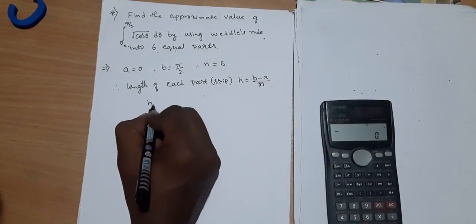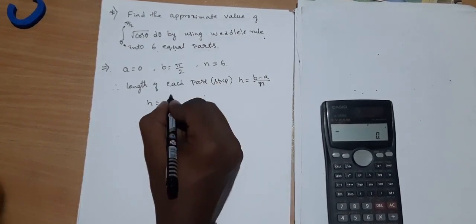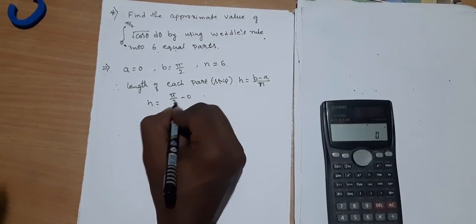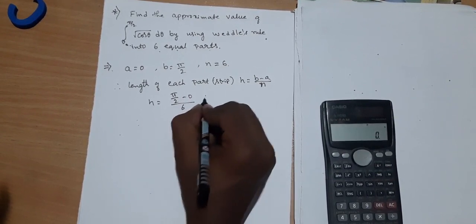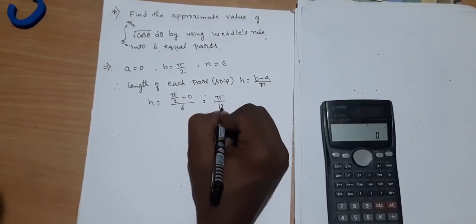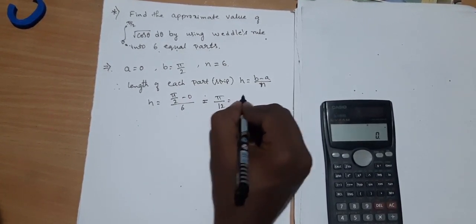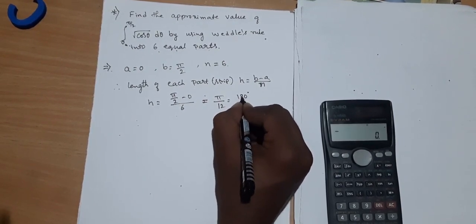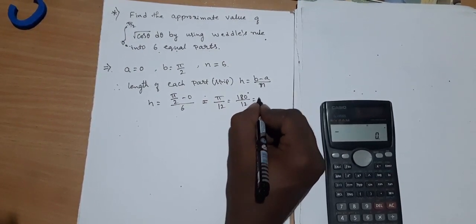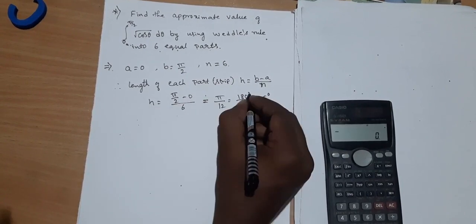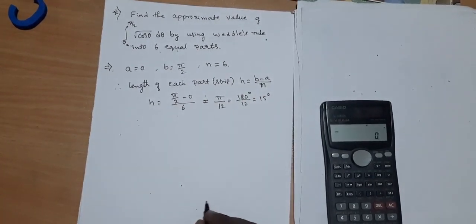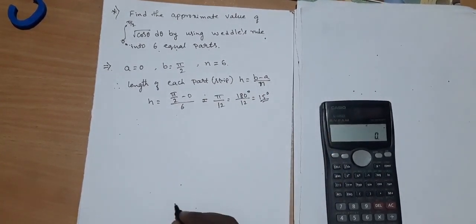So h equals pi by 2 minus 0 divided by 6, so what you get is pi by 12. Pi by 12 means 180 degrees divided by 12, so we will get 15 degrees. Remember this one.